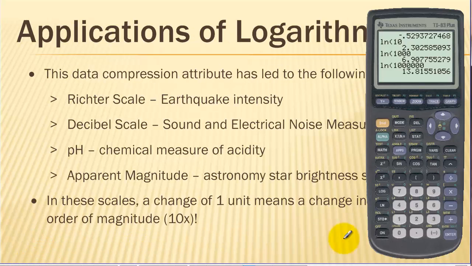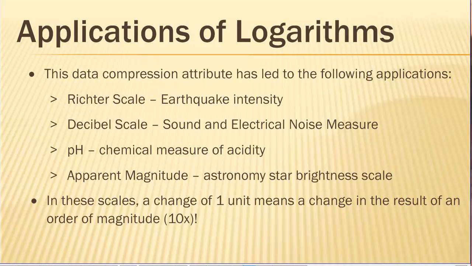Now this property of logarithms gets used frequently in a lot of measurements that we use. When you've read in the news or heard on the TV news about earthquakes that have happened in various places, they talk about the strength of the earthquakes using a number which is always less than 10, in the range of like 3, 4, 5, 6, 7. 7 would be a really big earthquake.